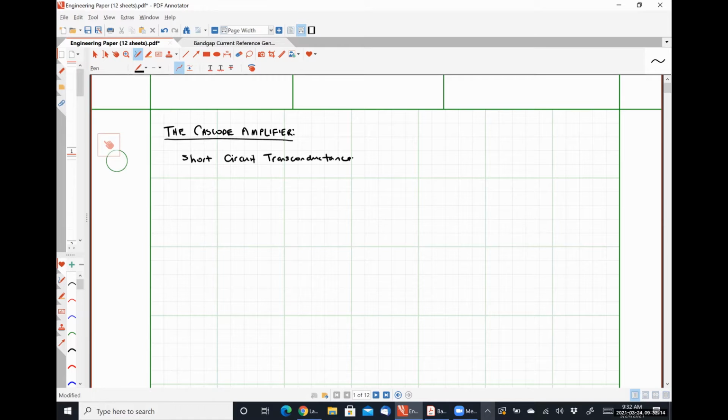All right, so when we were talking about BJTs and MOSFETs, we introduced the concept of transconductance and defined it as a transistor's ability to generate an output current due to a small change in its input voltage.